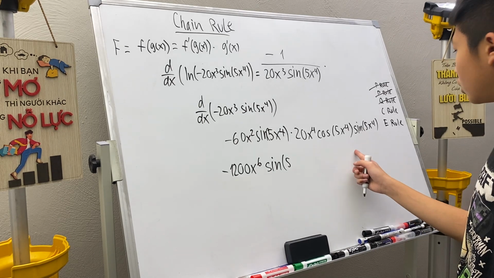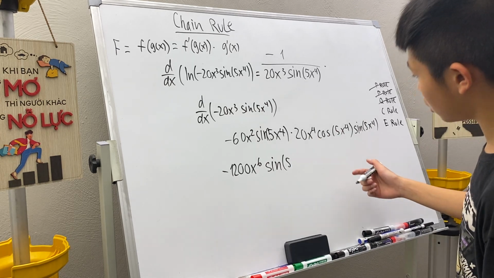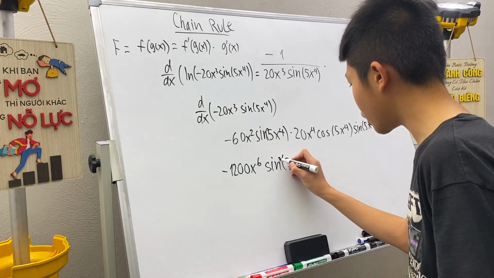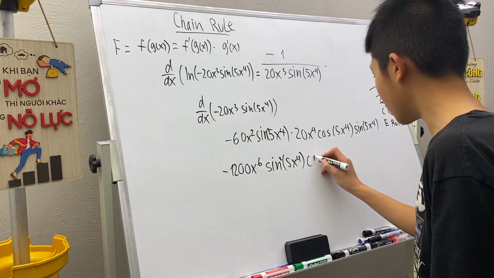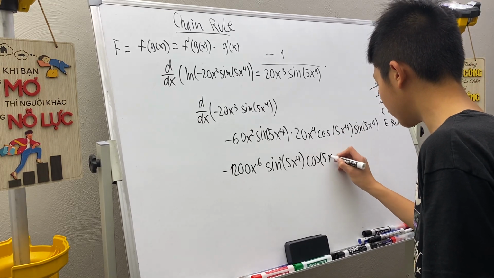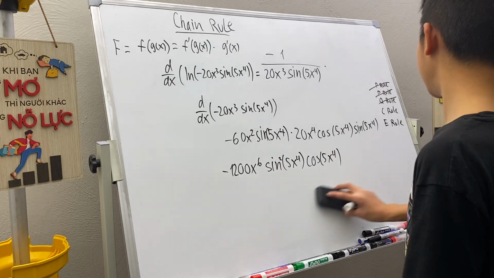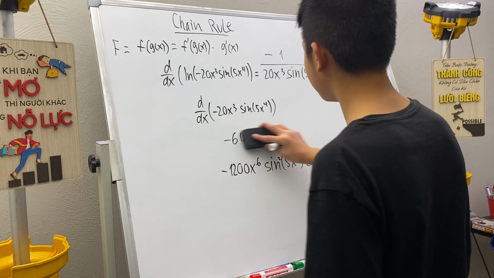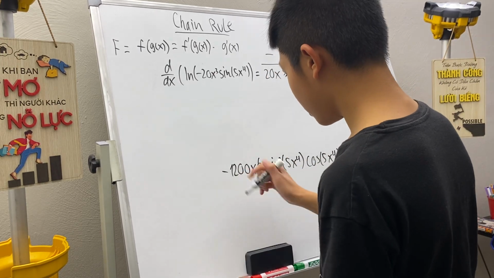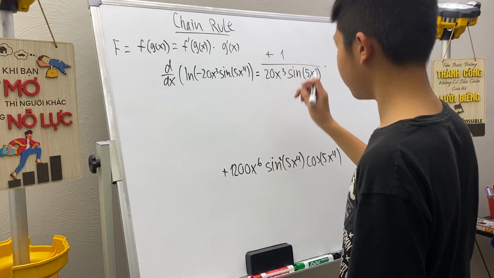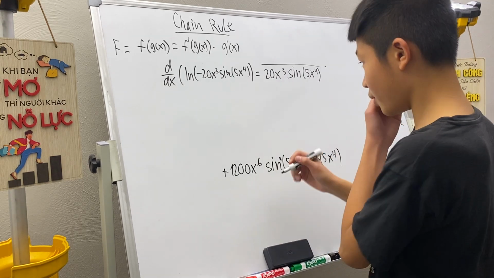This term, but this and this are the same thing, so we can say squared, then multiply by cosine of 5x to the 4th. Okay. So all together, this makes a positive, so it's equal to, whoo, a very big number.